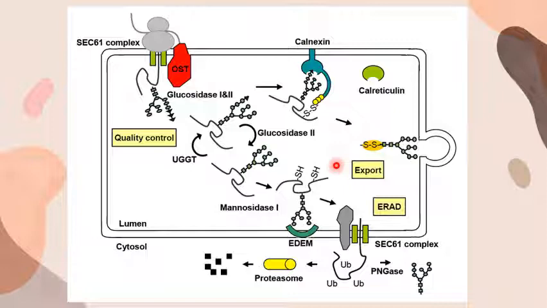These chaperones are, for example, calnexin and calreticulum. Both of these chaperone types lead to the quality control of protein folding.